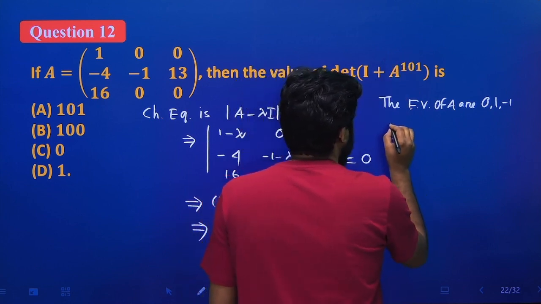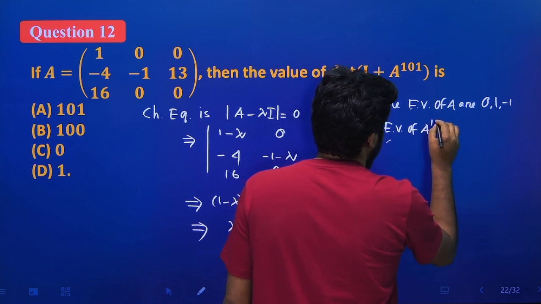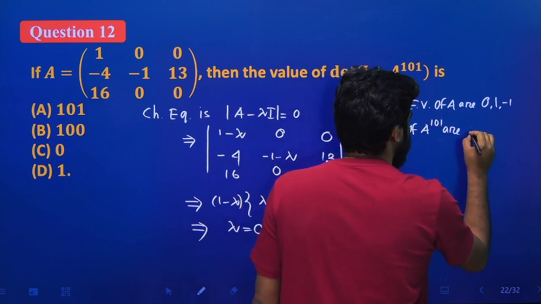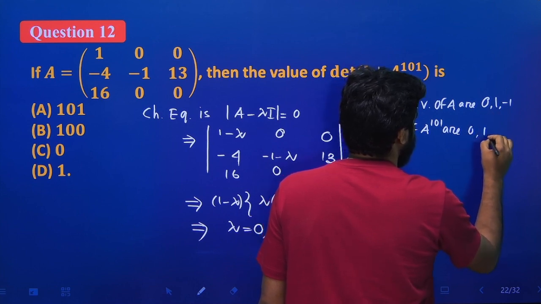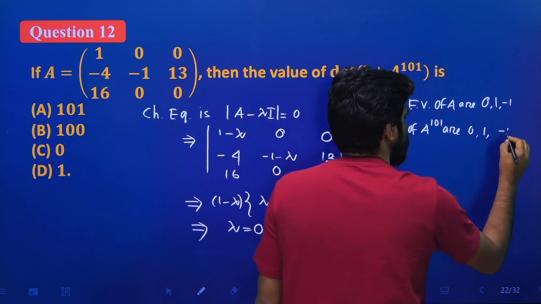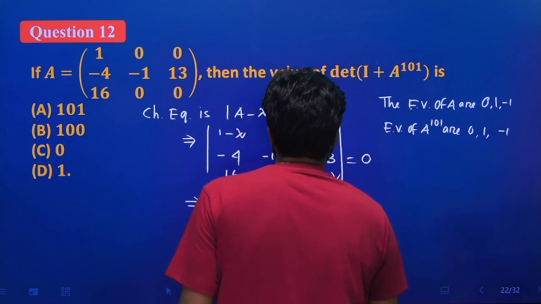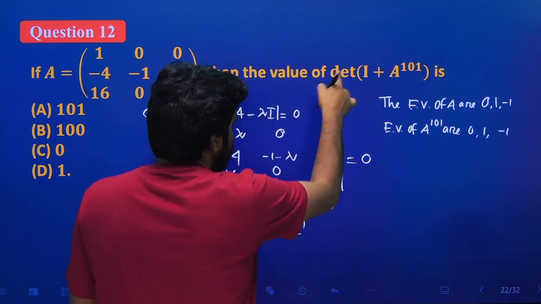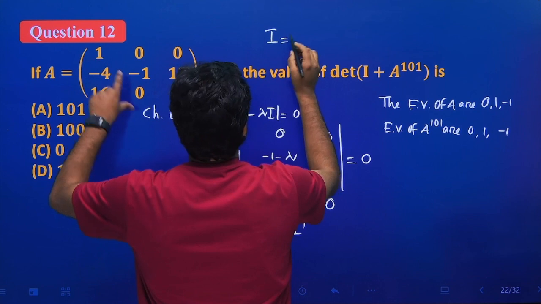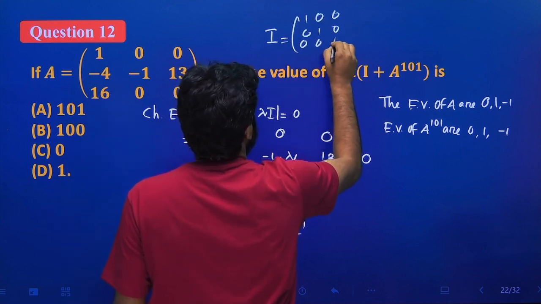So the eigenvalues of A to the power 101 are 0 to the power 101, that means 0, 1 to the power 101, that is 1, minus 1 to the power 101, this is an odd number, so this will be minus 1. Okay. I is the identity matrix. Here A is a 3 cross 3 matrix, so I is 1 0 0, 0 1 0, 0 0 1.